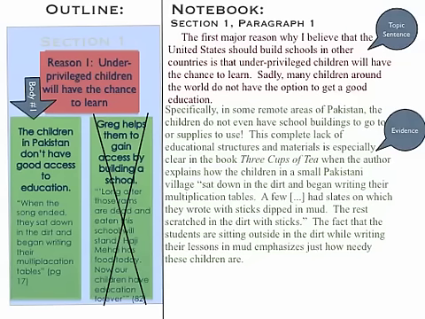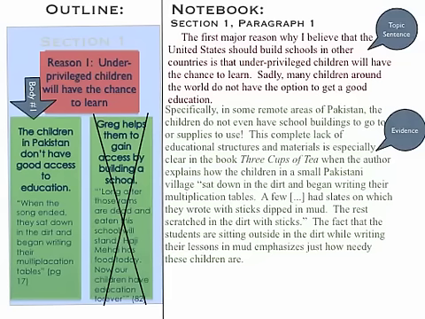The fact that the students are sitting outside in the dirt while writing their lessons in mud emphasizes just how needy these children are. Now you can see how I've explained the quote, so now the quote becomes important to my piece. Only if a quote is explained is it good, and I've done that well here.